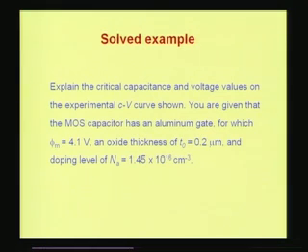You are given that the MOS capacitor has an aluminum gate for which phi m is equal to 4.1 volt, an oxide thickness of 0.2 micrometer and doping level of 1.45 into 10 power 16 per centimeter cube acceptors. So phi m here is the work function. Let us take a close look at the capacitance voltage characteristics.